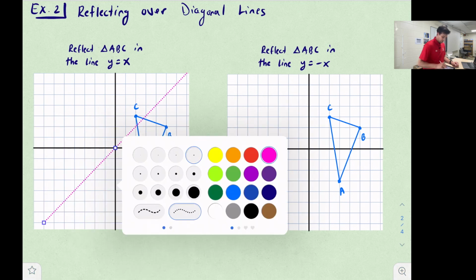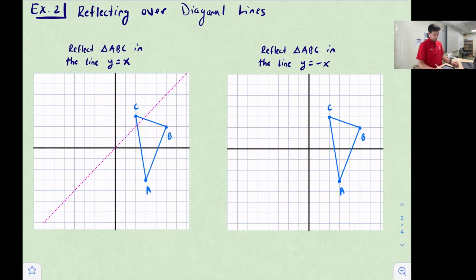Part of reflecting over a diagonal line is that when we reflect the point to the other side, the original point and the image point form a line perpendicular to the line of reflection. We can use that information to help us. If we think about where A is located, and draw a line like this to the diagonal line, we can count how far we went.